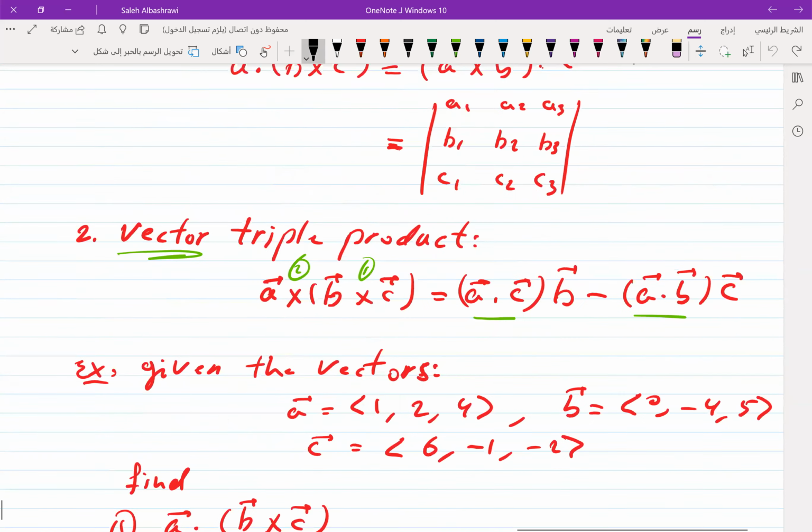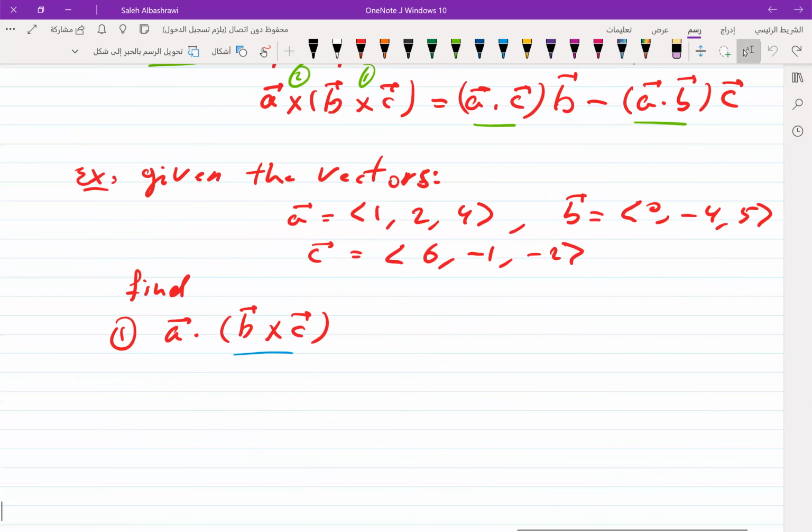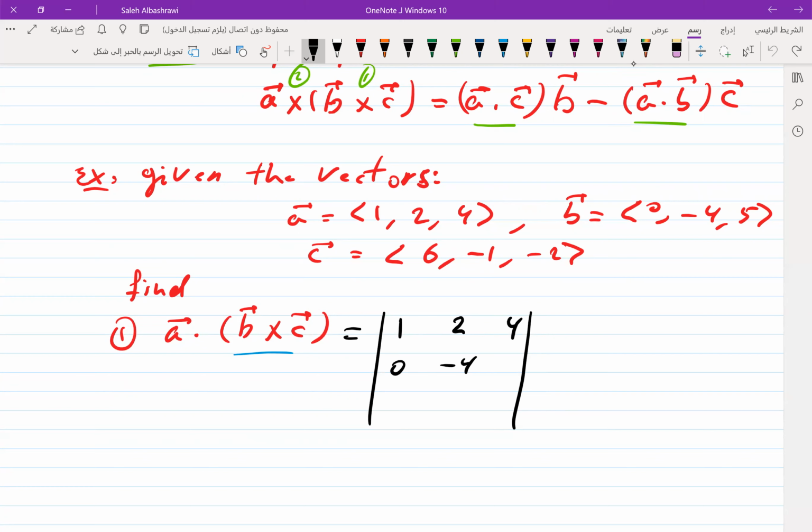The formula will be the determinant of these three vectors. So A dot B cross C is equal to the determinant with A as 1, 2, 4, B as 0, minus 4, and 5, C as 6, minus 1, and minus 2.